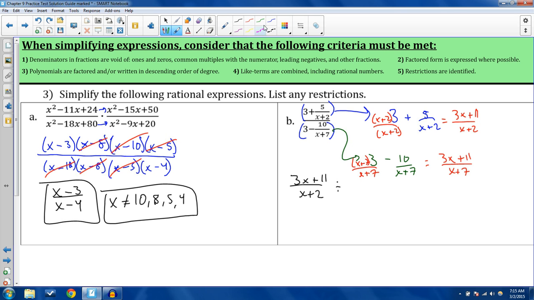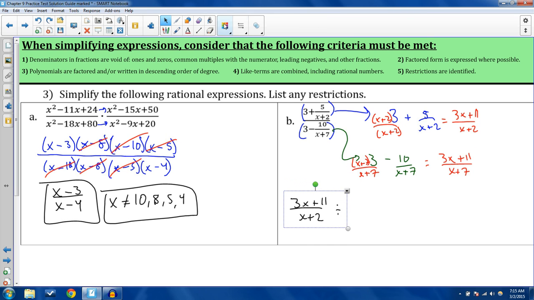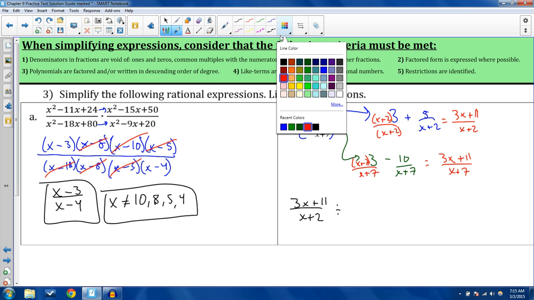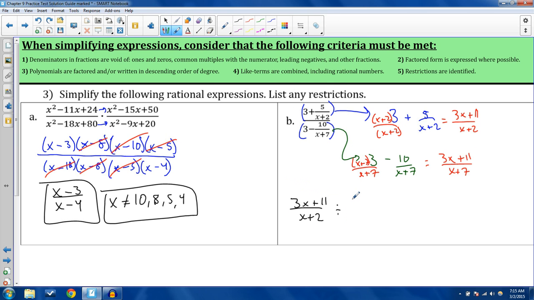So this will now be divided by 3x plus 11 over x plus 7.